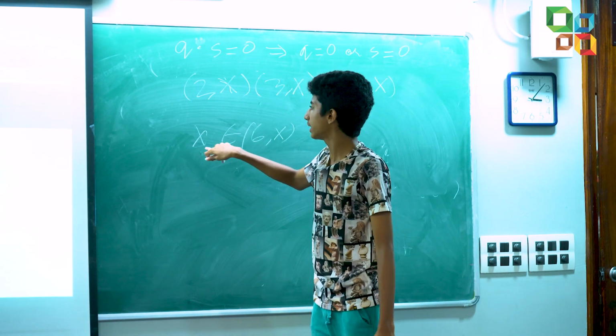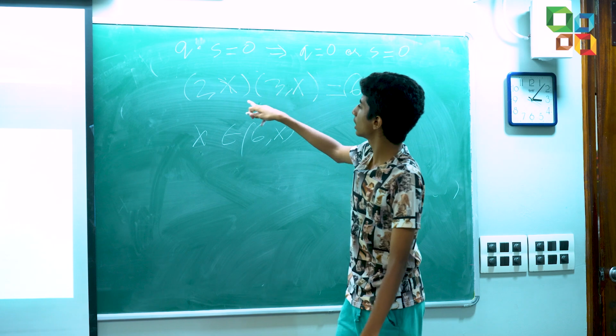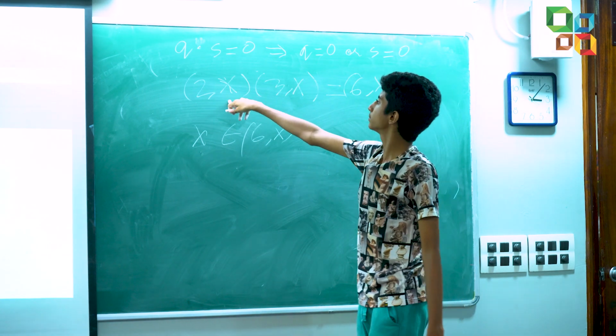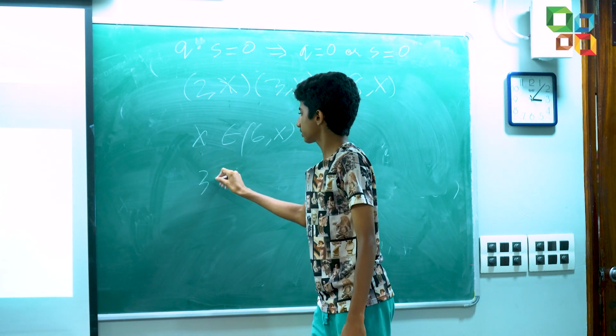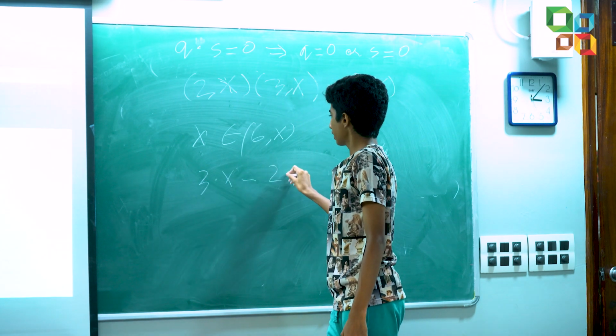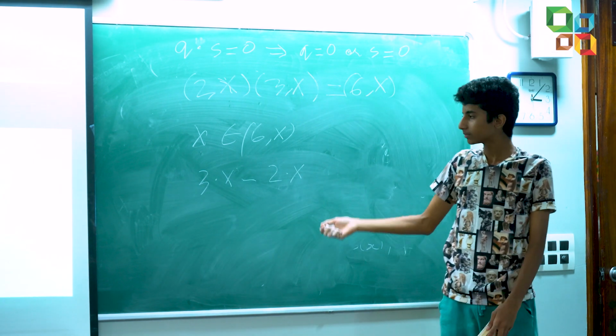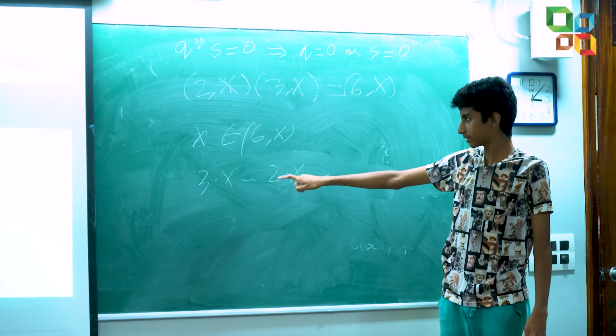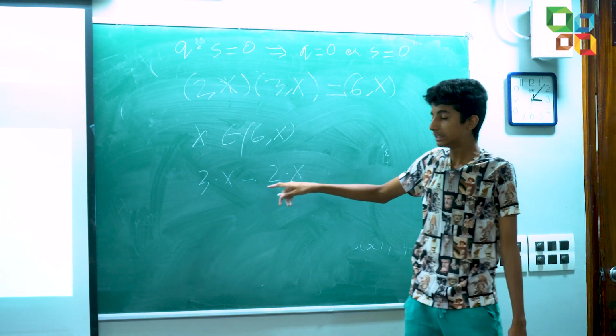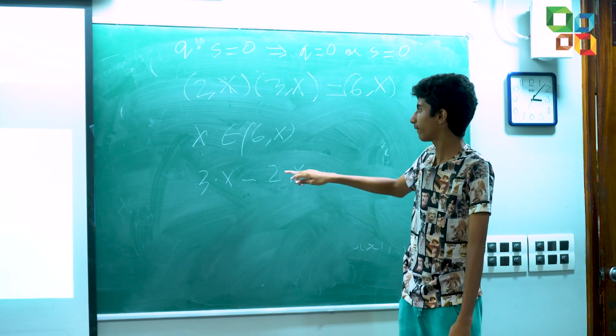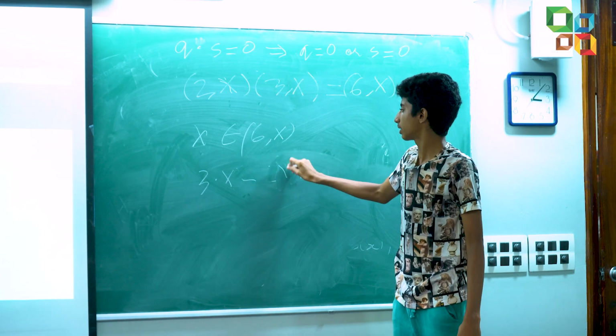But how did we write x initially? It's just 3 times x minus 2 times x, right? Look at it, it's 3 times x minus 2 times x. This is just what we defined over there. It's a finite sum.